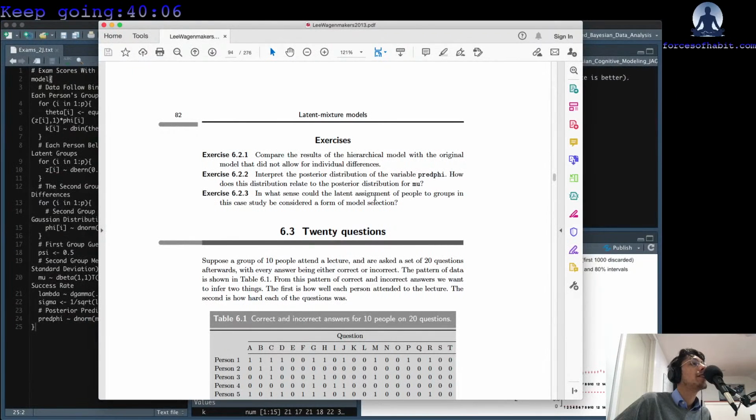In what sense could the latent assignment of people to groups in this case study be considered a form of model selection?